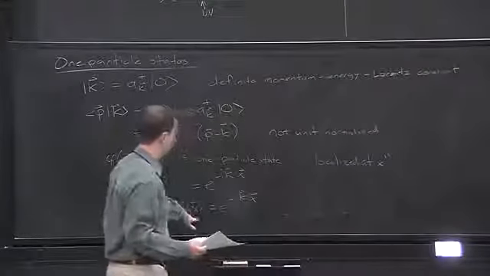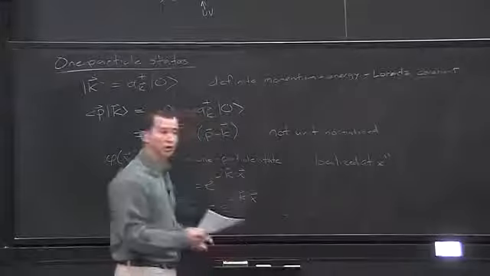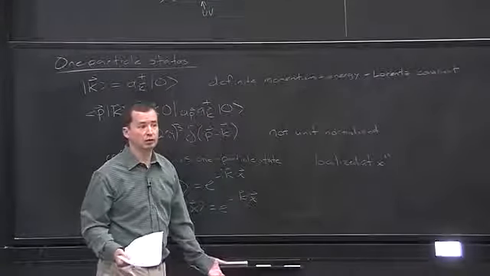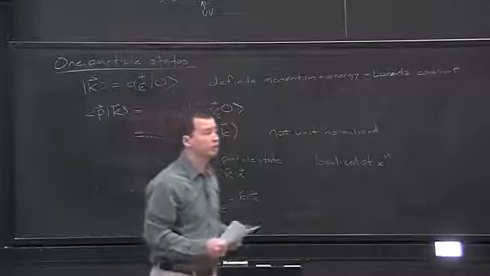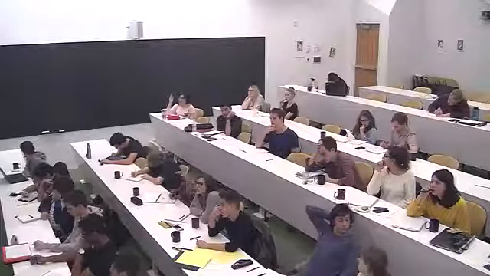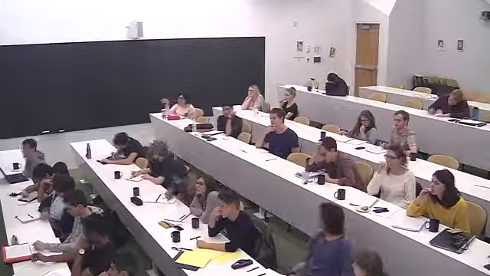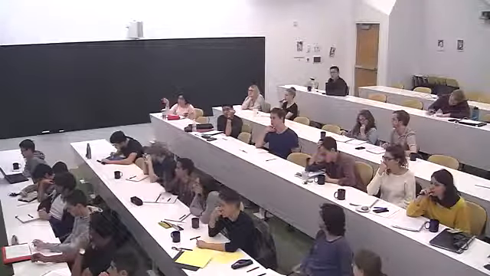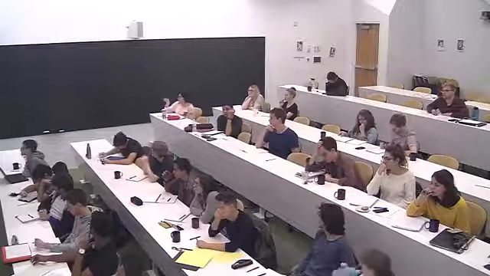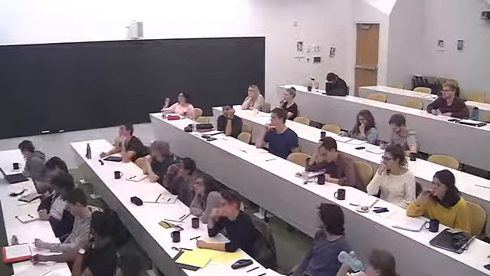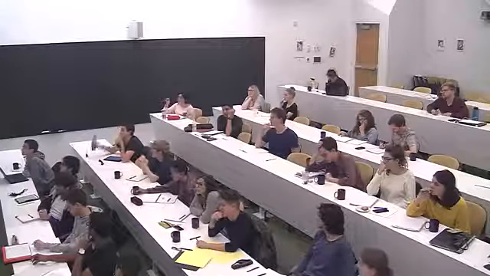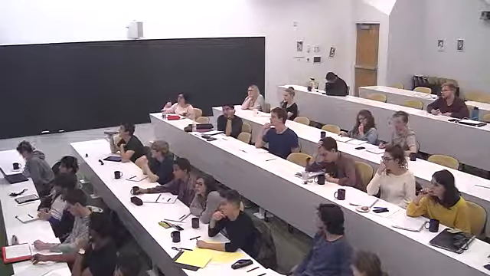It's not localized at x in the same sense that a position eigenstate is localized at x in non-relativistic quantum mechanics. Now the uncertainty relationships are between the field and its conjugate momentum. Can you repeat the first part of that? The uncertainty relationship. Yes. It's between φ and π. That's right.